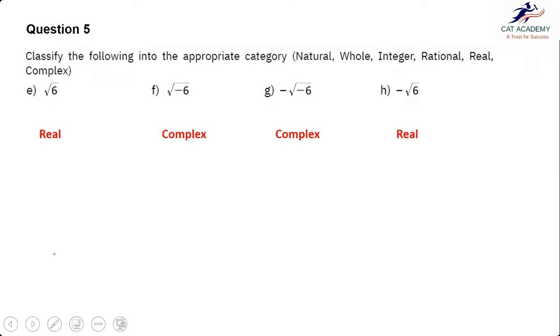This is also real because positive irrational or negative irrational, both are real, right? So as long as the negative sign is not inside the root, everything is real. Okay? Clear, everyone? Can we go to the next question?